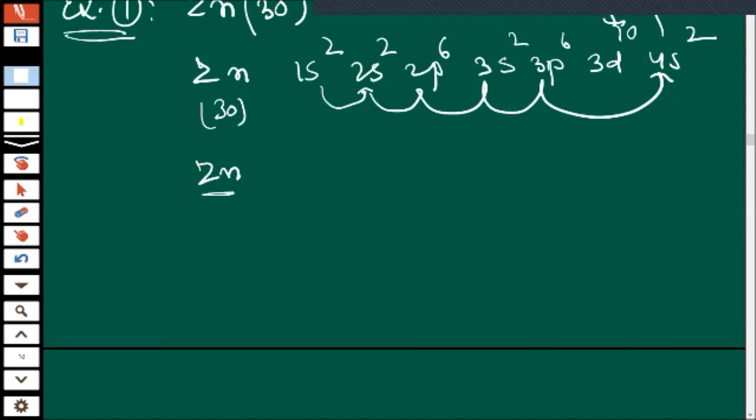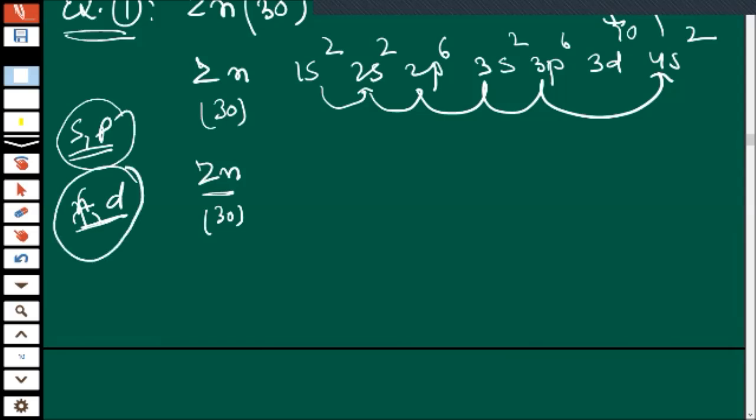Slater told us to make a group of S and P separately. The SP group is different, and D and F are different. Generally, wherever there is a huge gathering, management tells all gents to come this side and all ladies to come this side.